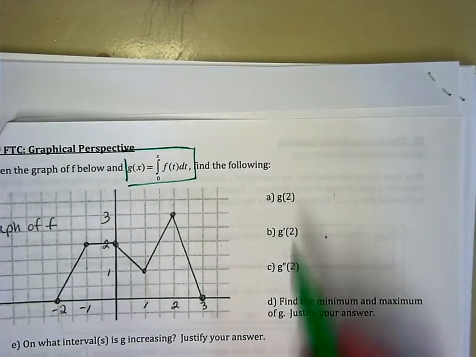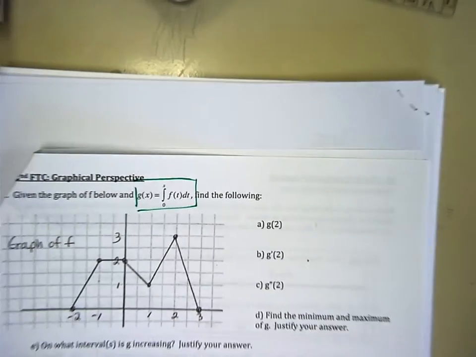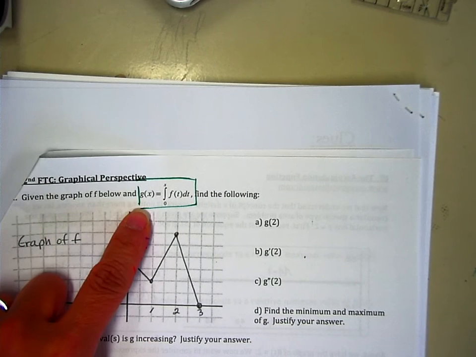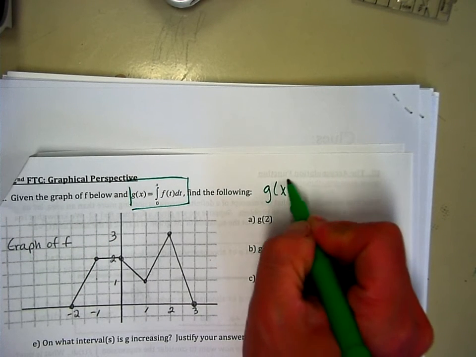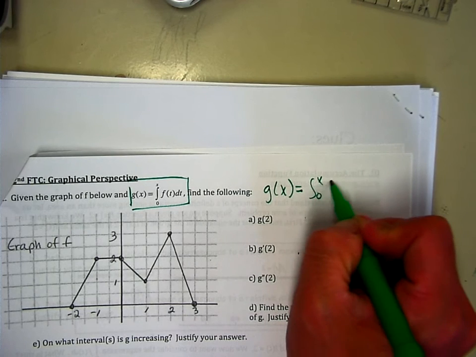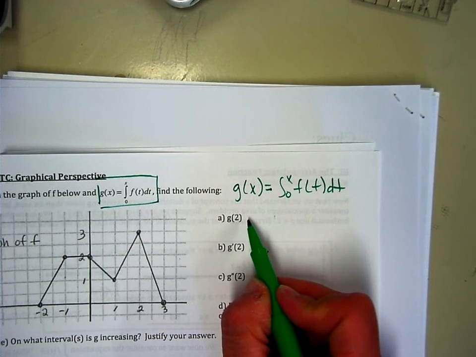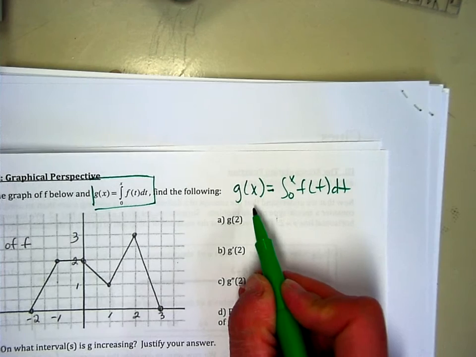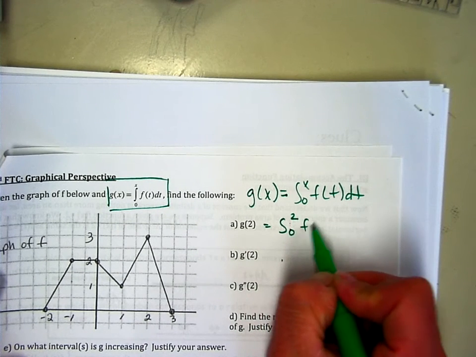So the first thing is, can you find g of 2? So all we're going to do is just use the equation they give me. They tell me that g of x is the integral from 0 to x of f of t dt. So to find g of 2, all you need to do is replace the x with 2. So this would be the same as 0 to 2 of f of t dt.